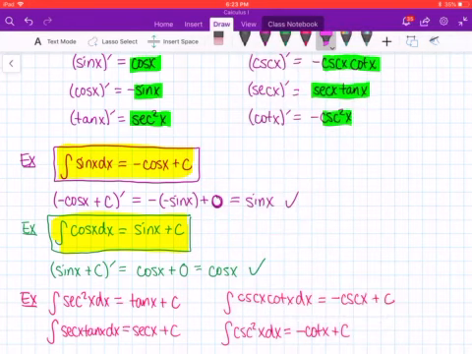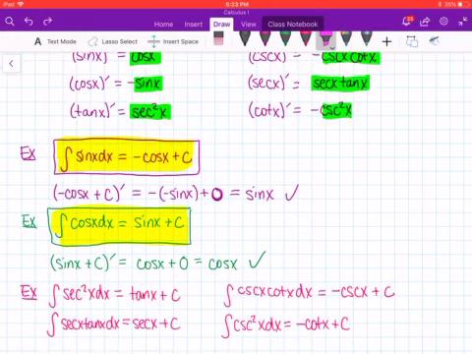So we could take the derivative of tangent x, and then we get secant squared x, which is exactly what we wanted. The derivative of cosecant x is negative cosecant cotangent, and then we have another times the negative, and so on and so forth. So you can double check everything.